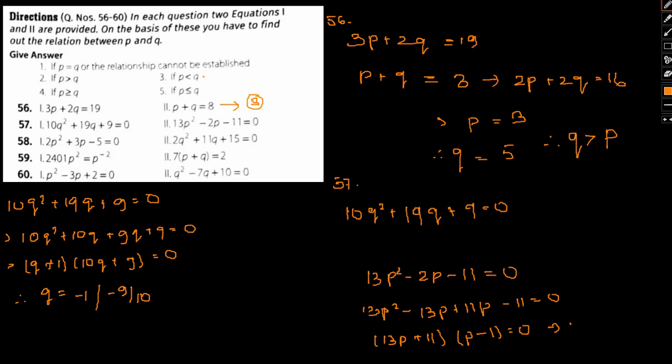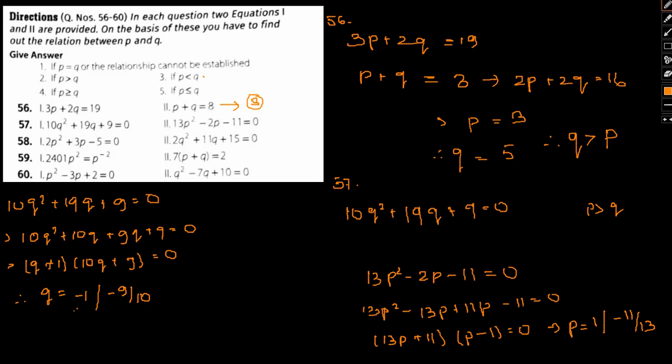So therefore p will be 1 or minus 11 by 13. Okay, so now let us compare both these values. If q is minus 1 and p is 1, p is greater than q.